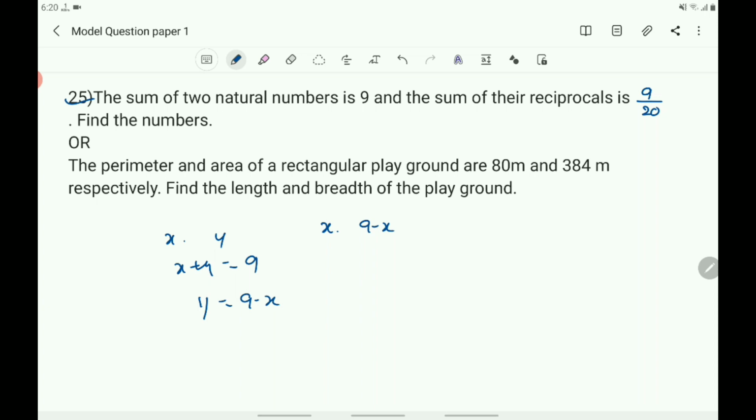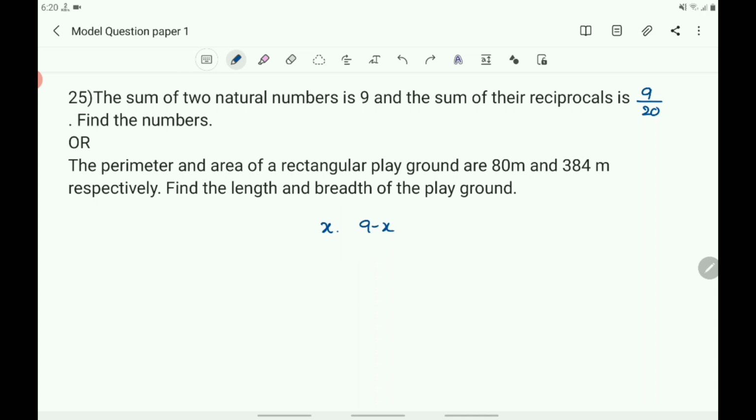As their sum is 9, this question is to be solved with the help of the quadratic equation. In the quadratic equation, only one variable will be there. Therefore, both the numbers are in terms of x only. Here you must have the two numbers in terms of only one variable, so you don't take x and y.